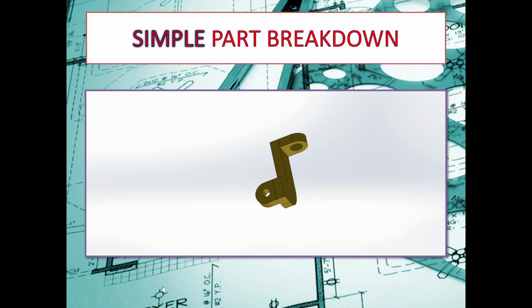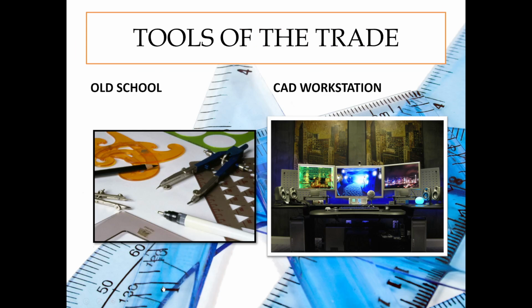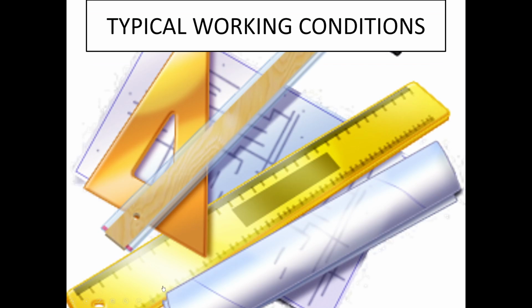So we take these detailed parts and make drawings. Back in the day, we had drawings done on ink and mylar, or even before that, vellum and pencil. But nowadays we're using a CAD station and we're creating parts and drawings all using computer-aided design.